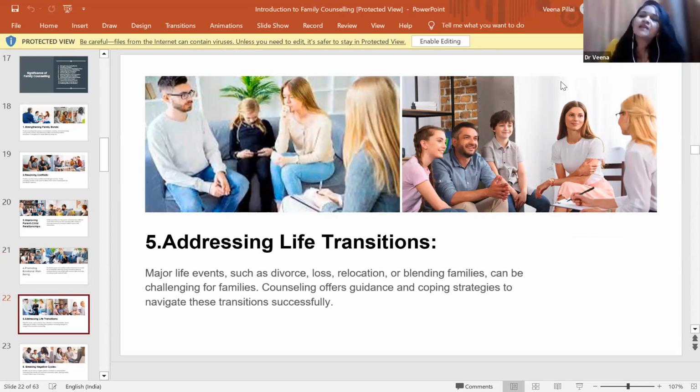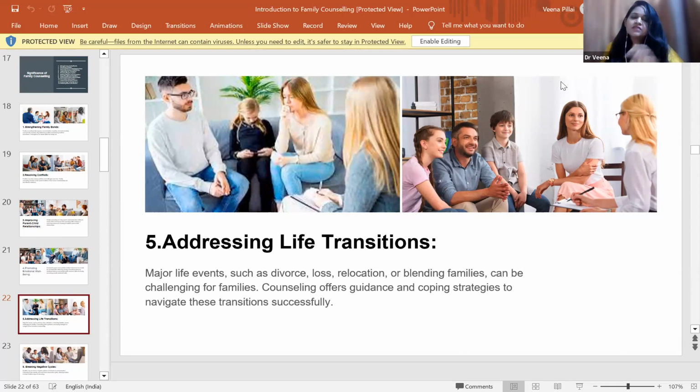Addressing life transitions: many times there would be certain unexpected things that could happen, and there would be greater transitions that you wouldn't expect happening in your lives. Maybe you could get separated, or there could be a divorce, or a relocation, or a job transfer. This could be very distressing as well.